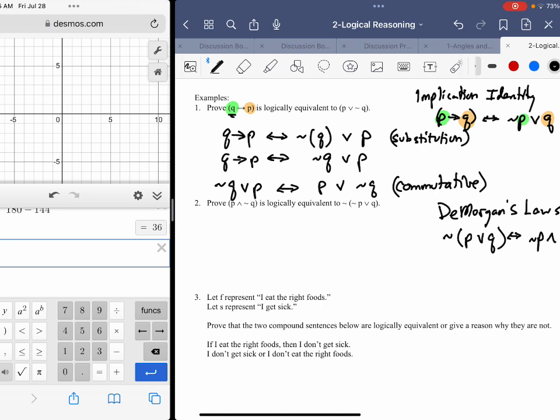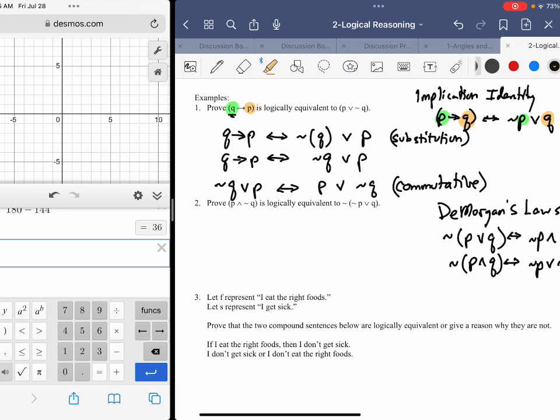And again, the other variation, I might be doing this in reverse order. So not P or not Q. It depends on which one you want to start with.